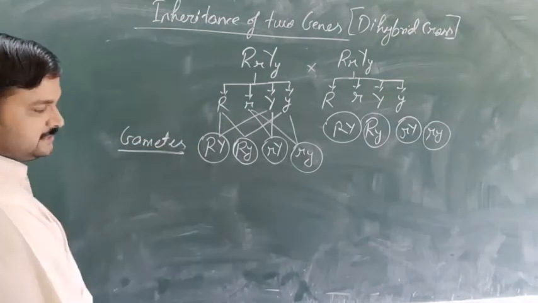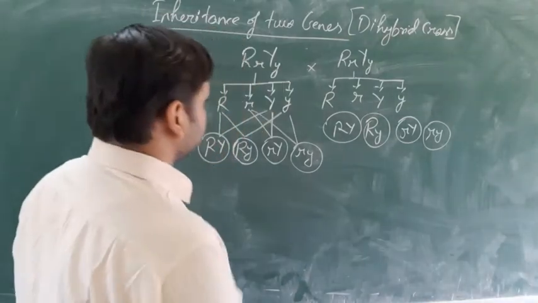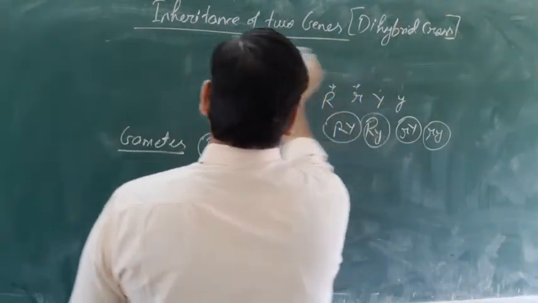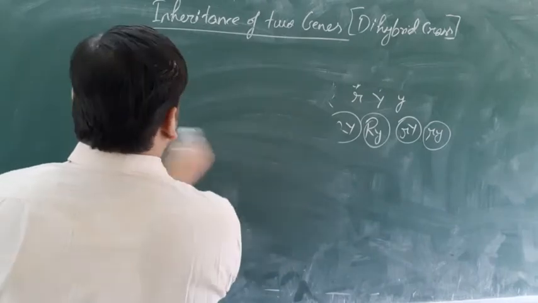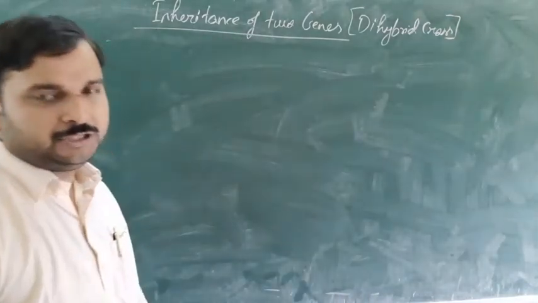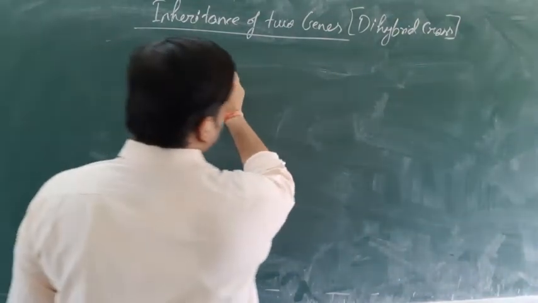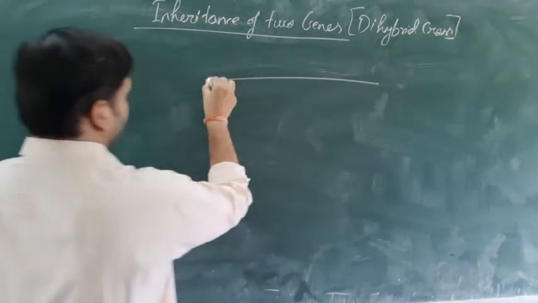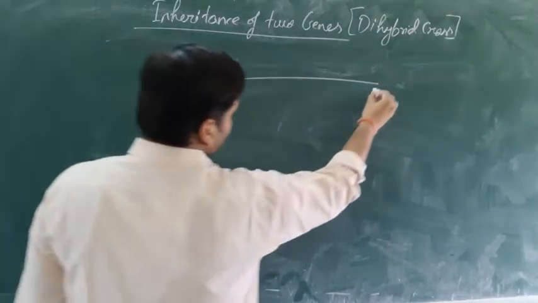And after gametes, you know the next step is fertilization, and that fertilization we represent in the form of a Punnett square. So here, how many rows and how many columns? 4 rows and 4 columns, since 4 different types of gametes are there.